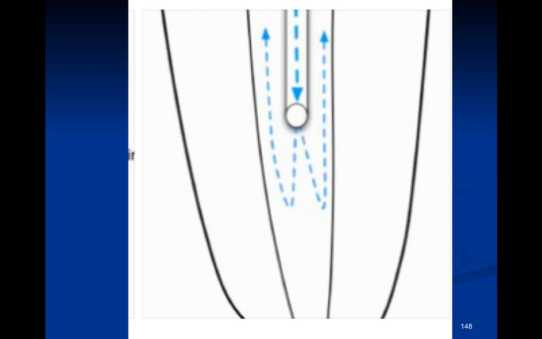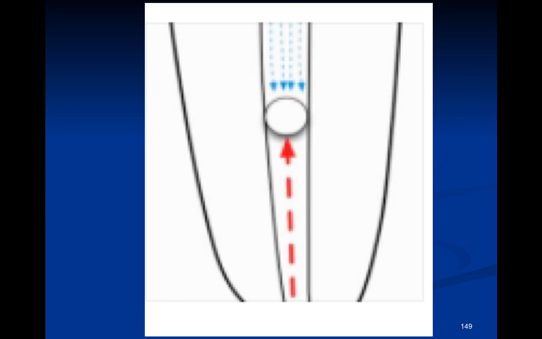If we don't keep that space, under pressure the irrigant may move to the apical side and over the apex into the periapical tissues. That's why we have to pay attention when we irrigate the canal.